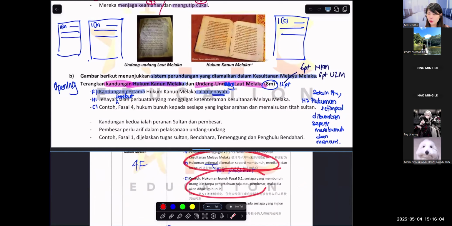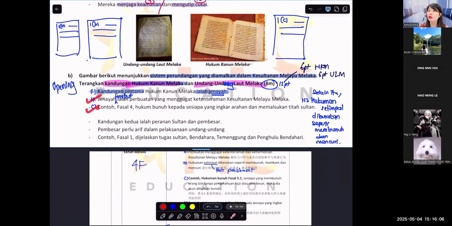Or you can write one huraian and then contoh. Contoh pasal 4, hukuman bunuh kepada sesiapa ingkar arahan dan memasukkan titah sultan. You don't want huraian contoh, you can huraian 1, huraian 2, example. Or you can just put one huraian if the points and the marks enough.